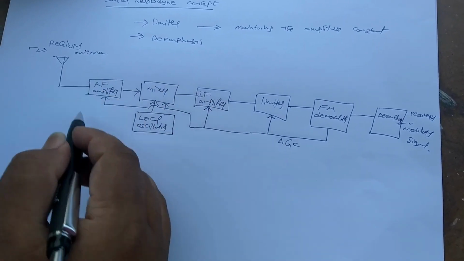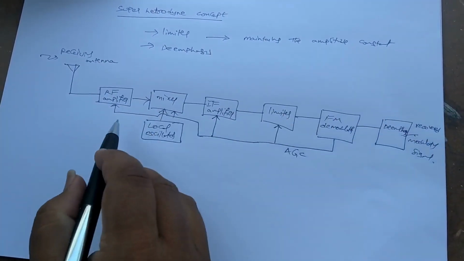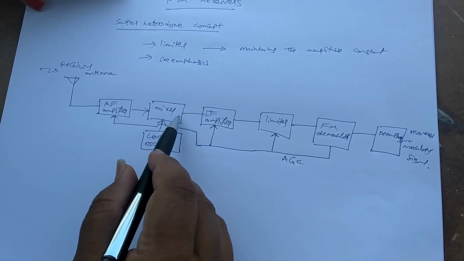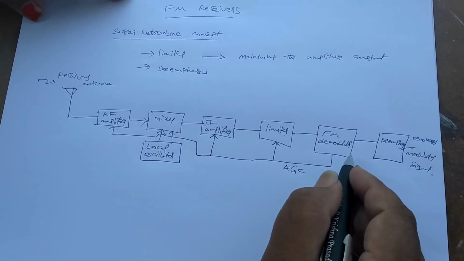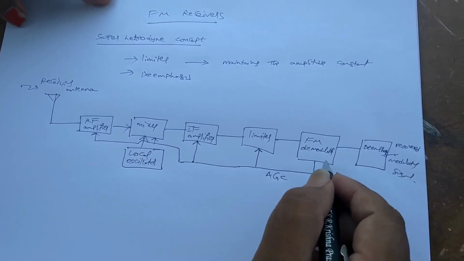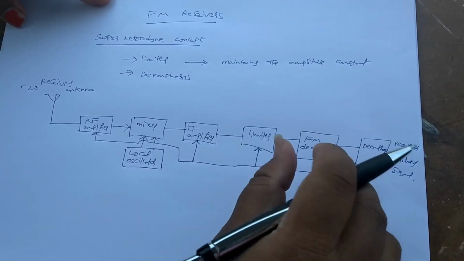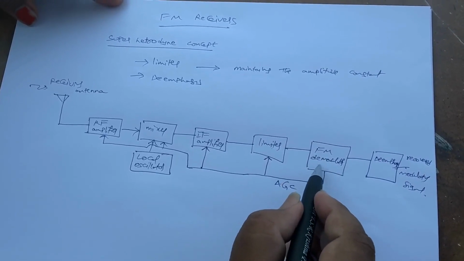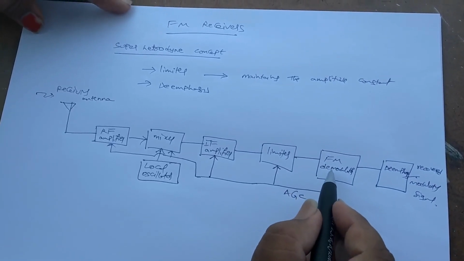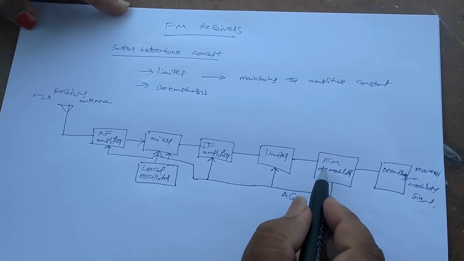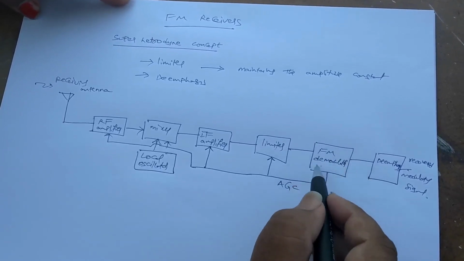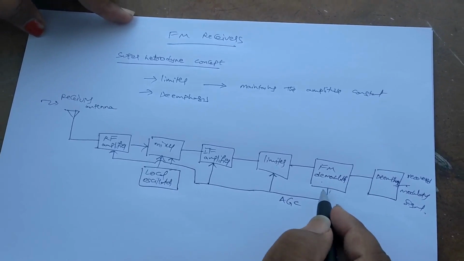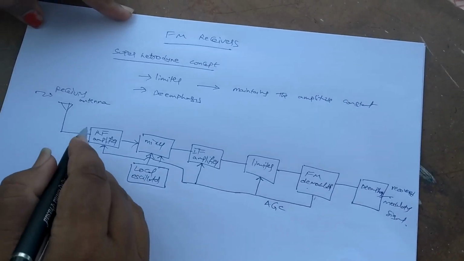The remaining blocks use the two-stage frequency conversion with the superheterodyne principle. The FM demodulator may be a balanced slope detector or some other concept to convert frequency variations to amplitude variations. Even though I mentioned the FM demodulator as a single block, it uses a resonance circuit or differentiator, and after that an envelope detector. All these are part of the FM demodulator, and the envelope detector produces a DC signal that is fed back.